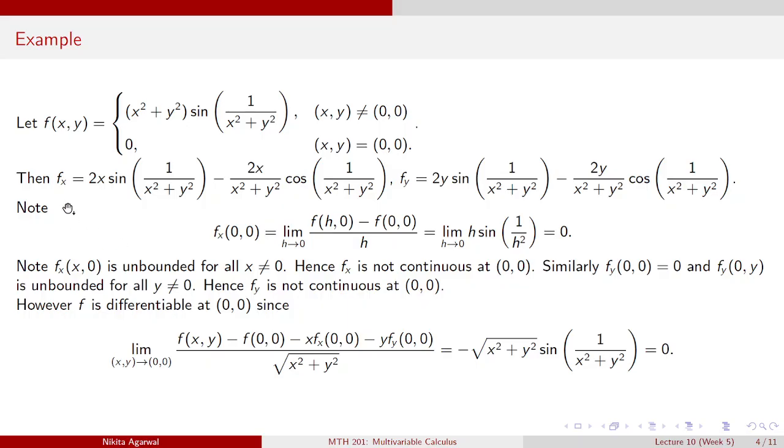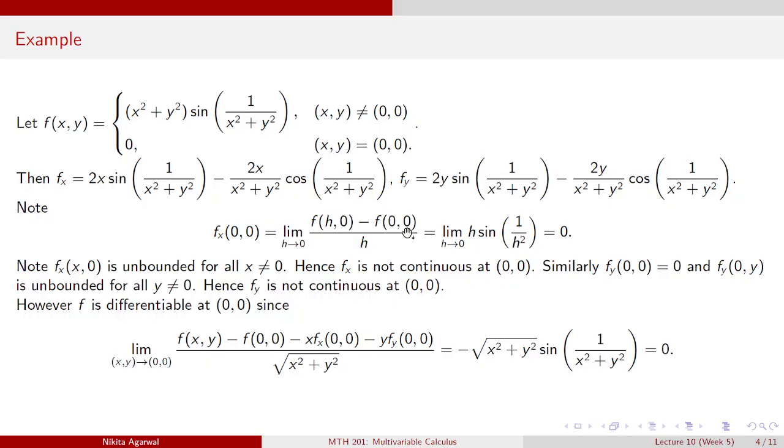So you can easily compute the partial derivatives here, fx and fy, which are defined on all the points other than (0,0). But if you compute fx at (0,0), by definition, fx(0,0) is the limit as h goes to 0 of (f(h,0) minus f(0,0)) divided by h.